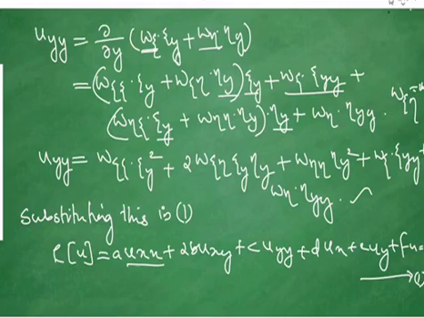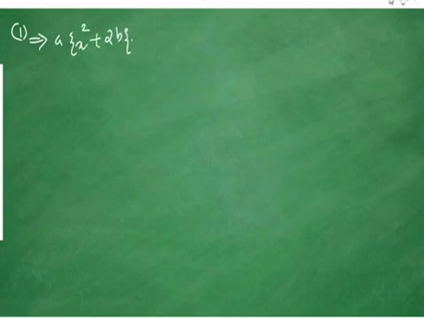So combining all such terms, we can write equation number 1 becomes a theta x square plus 2b theta x theta y, and the term in uxy.